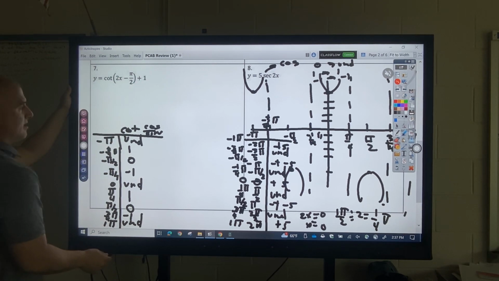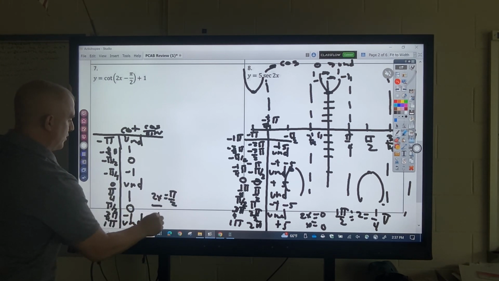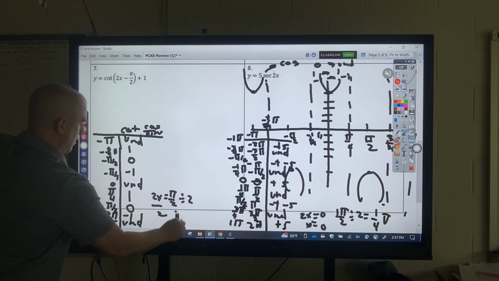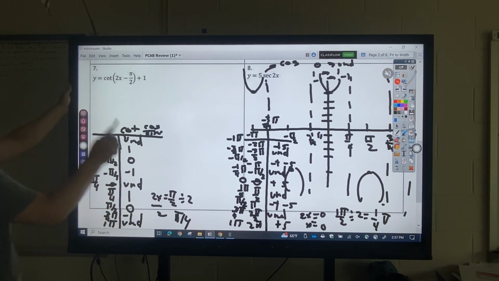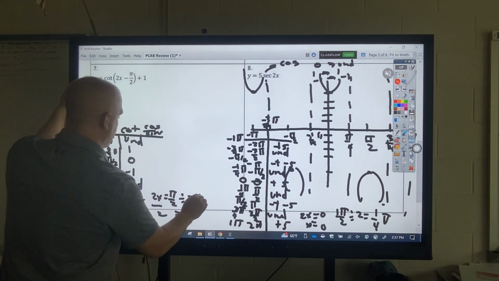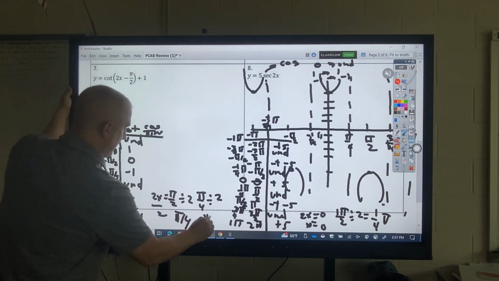Now what I want to do here is solve the inside. So if I solve that, 2x equals pi over 2. Divide by 2, I get pi over 4. So my new 0 is pi over 4. Then I take the interval, which is pi over 4, and divide that by 2, because that's moving in intervals of x, so it's going to be pi over 8.